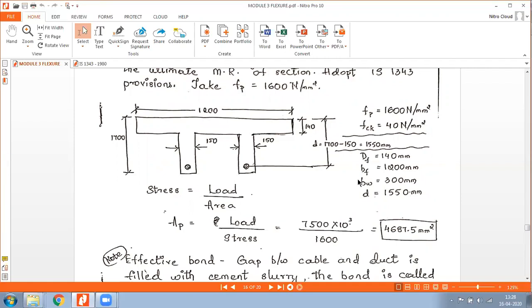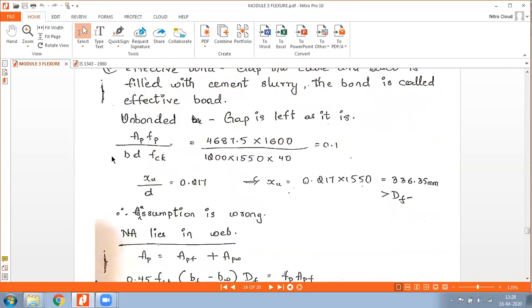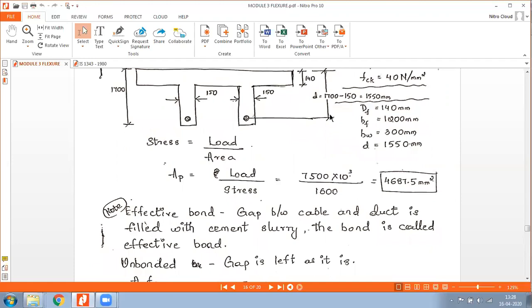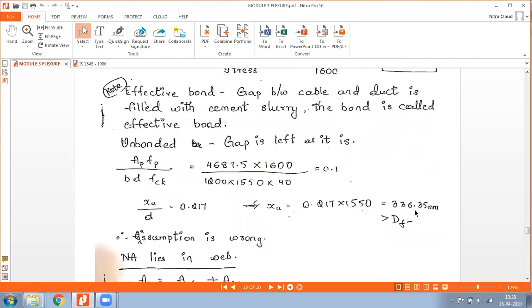Now, for this effective reinforcement ratio, we have evaluated Xu by d. If this Xu is greater than depth of flange, in this calculation we have 336.35 mm, which means that it is greater than depth of flange because the depth of flange is 140 mm, but Xu here it is 336 mm. Therefore, our assumption is wrong.